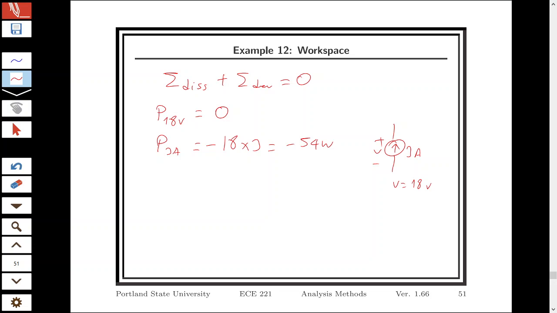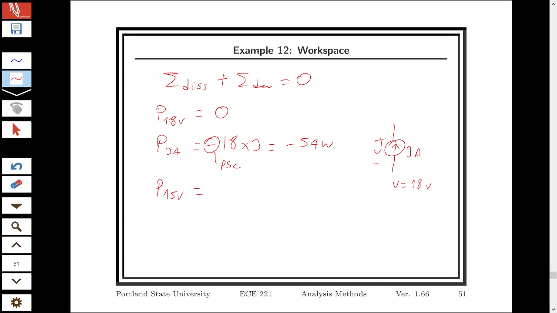In the first mesh, there is no current, and 18 volts directly appears on the current source as well, since there is no current on the 3 ohm resistance and on the 6 ohm resistance. And this is due to passive sign convention, because the current here enters the negative terminal of V.